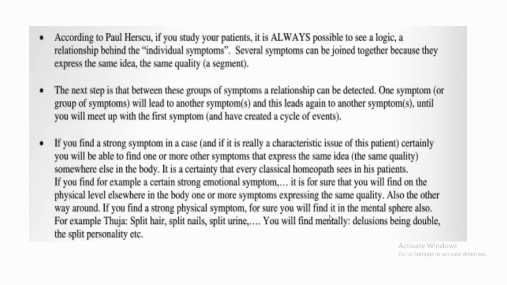As I've already described to you, suppose a patient had loss of sleep because he has a very caring nature. So this is one particular quality. You can take all the rubrics related to that quality under one theme.